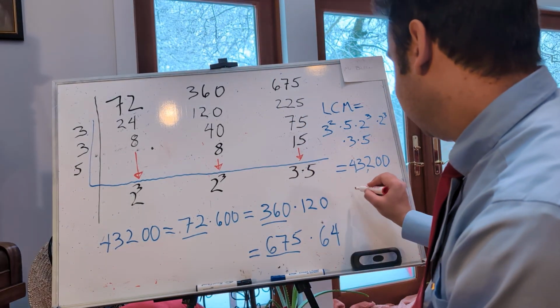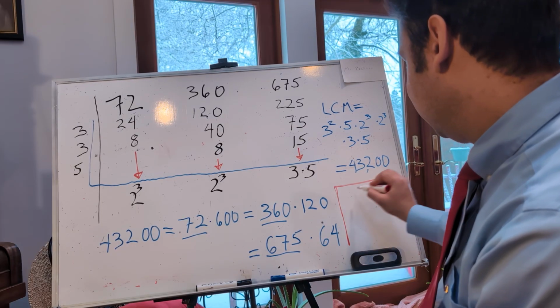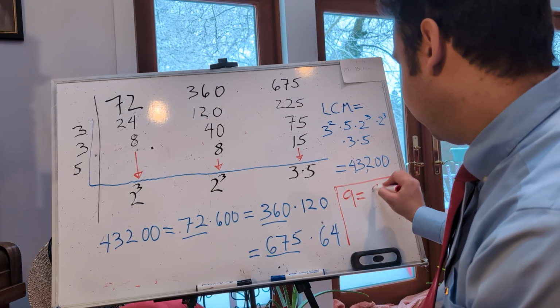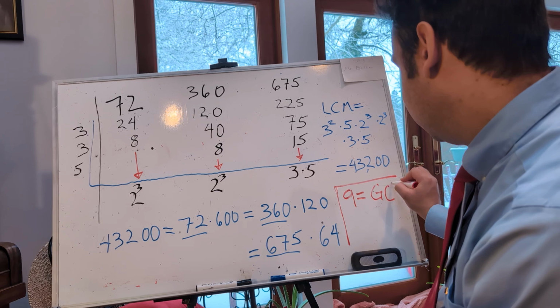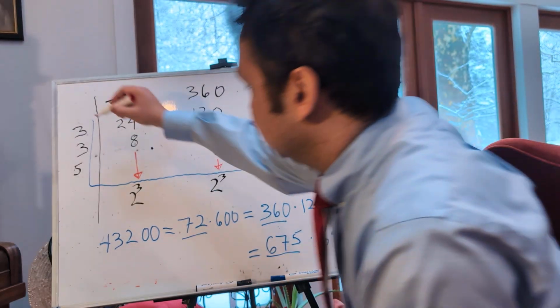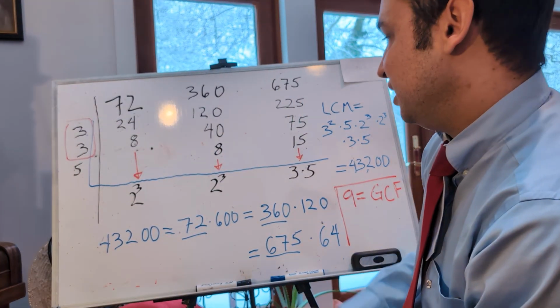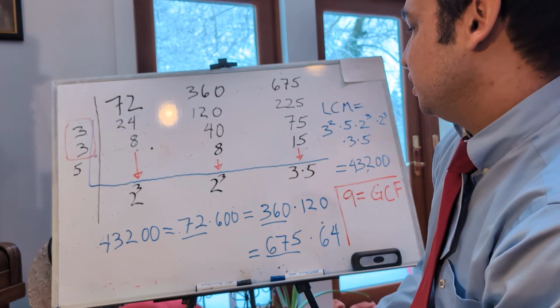Let's see. I'm running out of space here. 9 is the greatest common factor. It's shown over here.